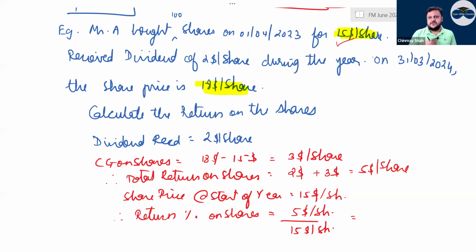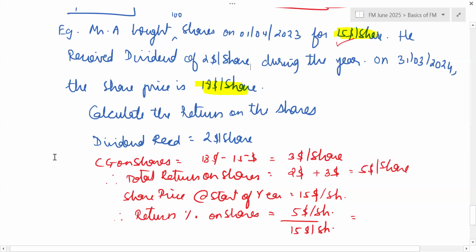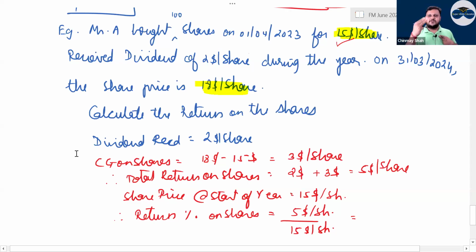I got $2 return in the form of dividend, and at the end, the $15 share price went to $18. So how much capital appreciation did you get on the shares? $3. So $2 I got in the form of dividend, $3 in the form of capital appreciation. So $5 I get.